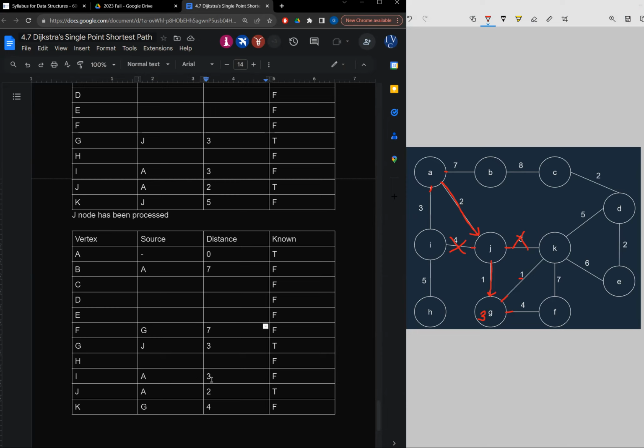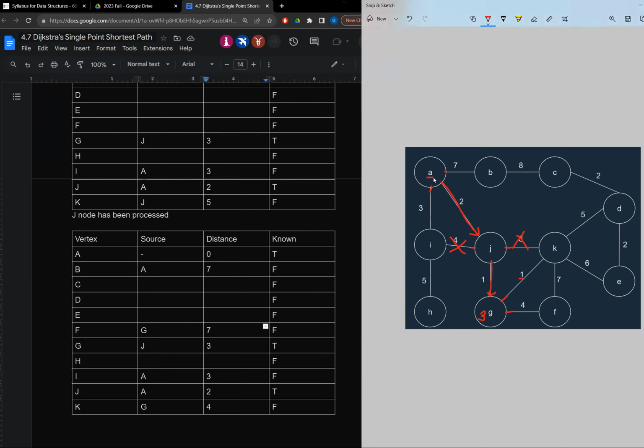So where are we going? We're going everywhere. We're trying to establish, from A as our starting vertex, the shortest path to every other vertex in this graph. The distance is 3.